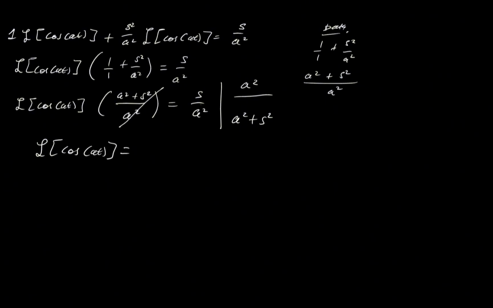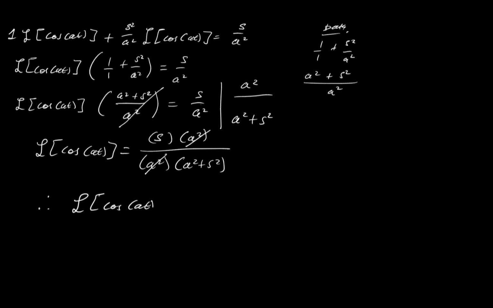If you want, you can just say s, then a squared in parenthesis, then a squared again times a squared plus s squared. We know that the a squared and the a squared will cancel out, telling us to say that the Laplace of cos of at is equal to s over a squared plus s squared. And this has been proven.